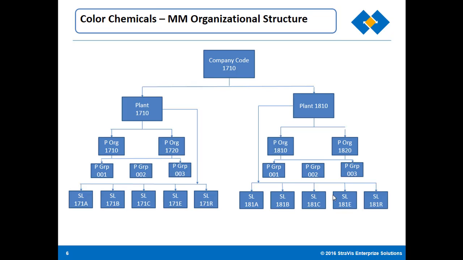Coming to the MM, or materials management, organizational structure for procure to pay, we have the company code and two plants, 1710 and 1810. We have two purchase organizations, and three purchasing groups under each of these plants, and about five storage locations for each plant.